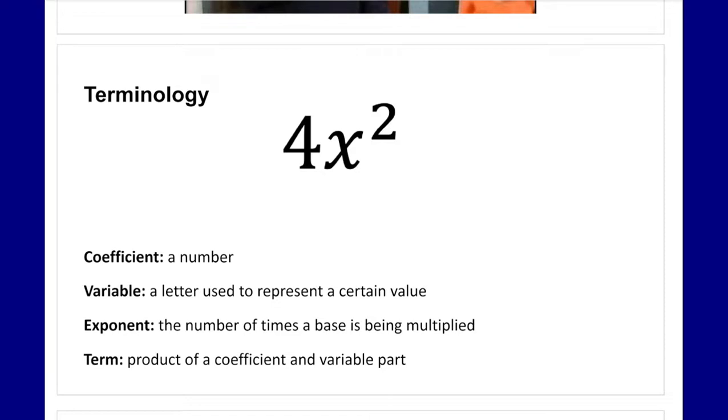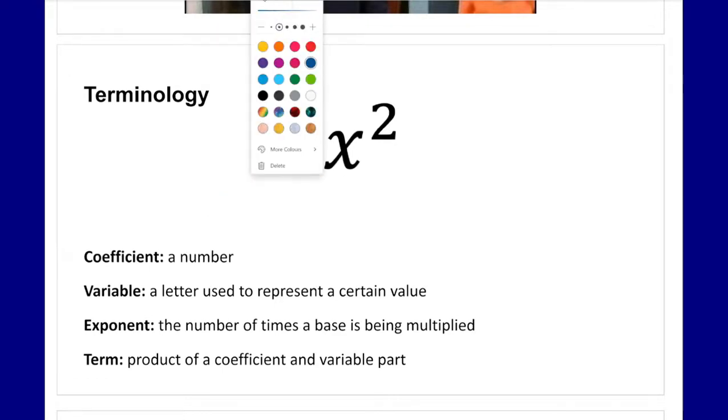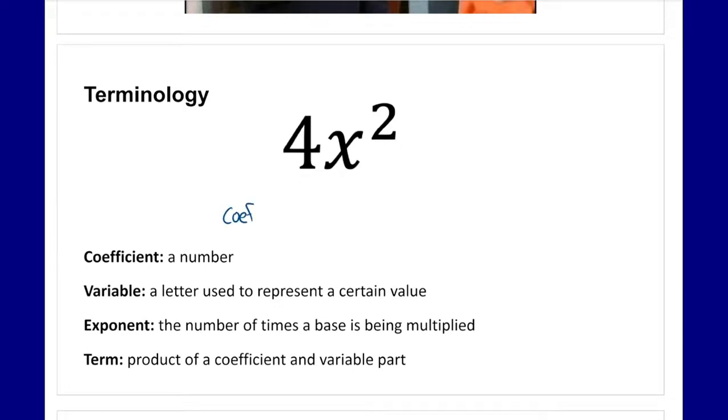The coefficient is the 4 in front. The variable, that's the easy one to see, it's the letter x. The exponent, we've definitely talked about before, it's the 2.